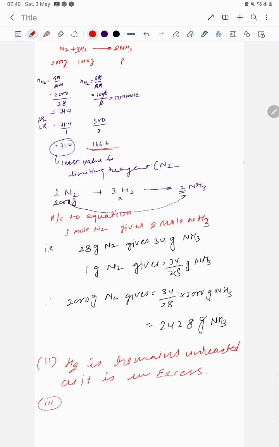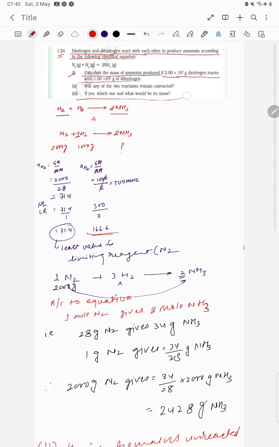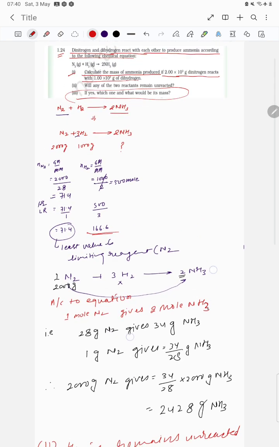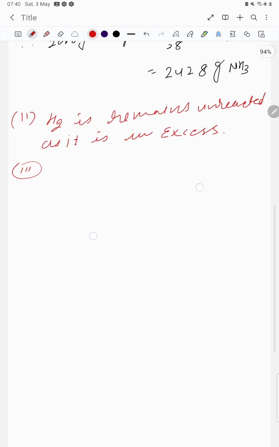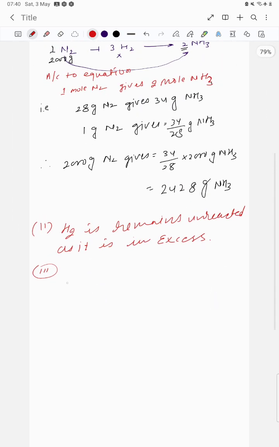Third one, they are saying what would be its mass. So see, student, N2 plus 3H2 gives 2NH3.